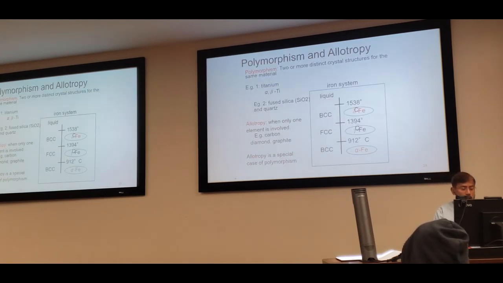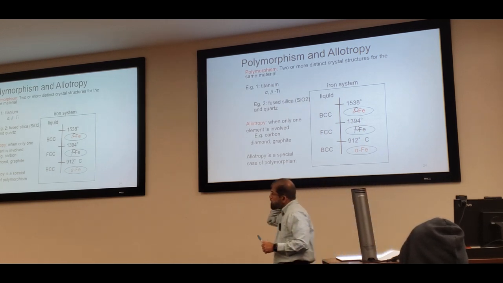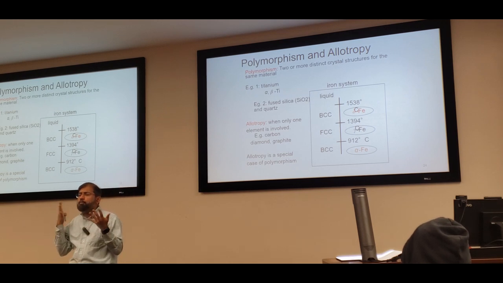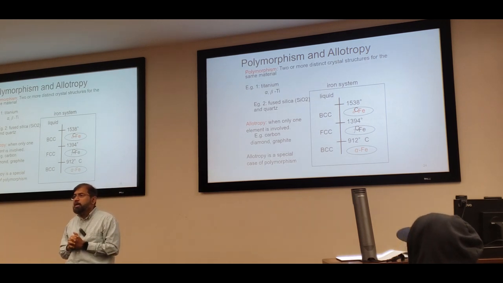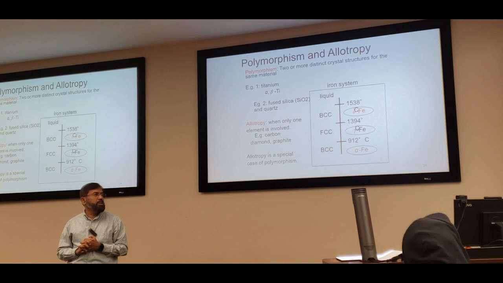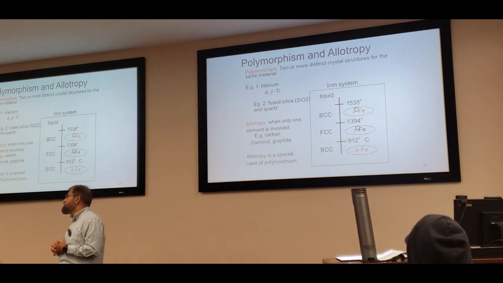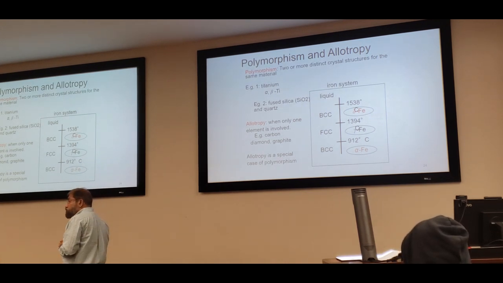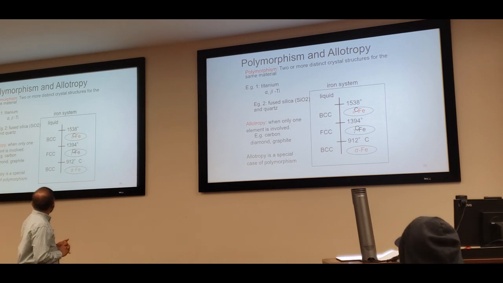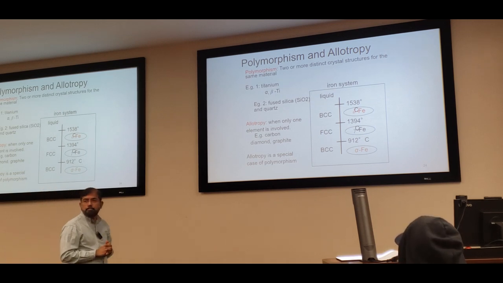There is something else called polymorphs and allotropes. What is a polymorph? If a given material, an element or compound, has different atomic arrangements, different close packing, then they are called polymorphs.